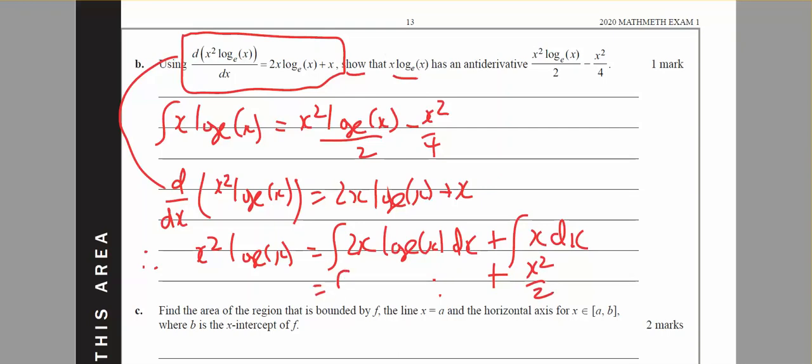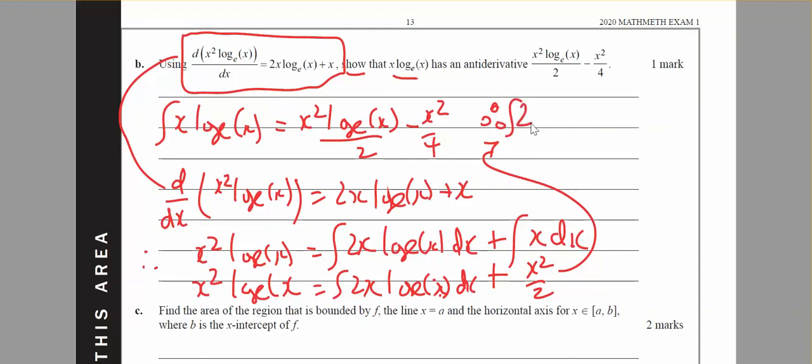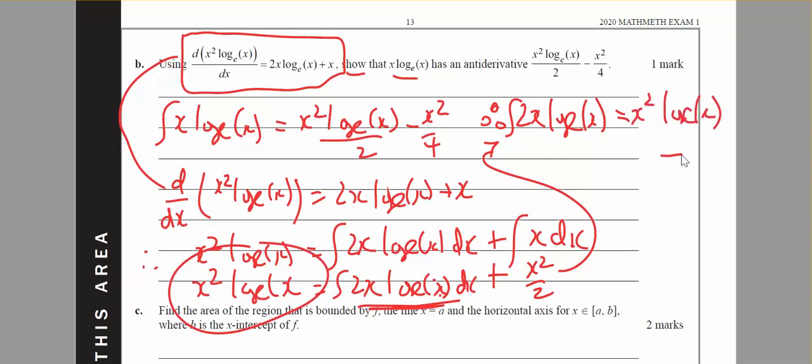Therefore, the integral of 2x log base e of x equals x squared log base e of x minus x squared on 2, and that's exactly what I had to show.